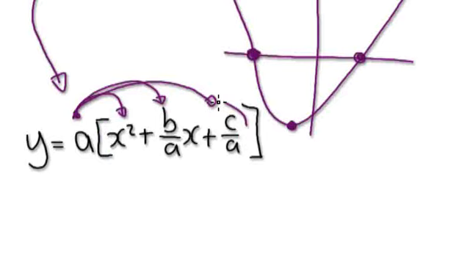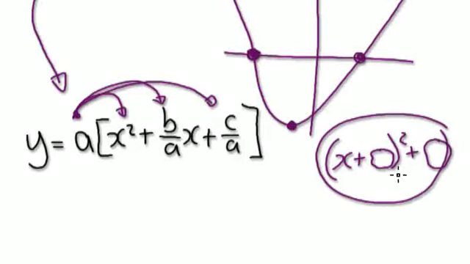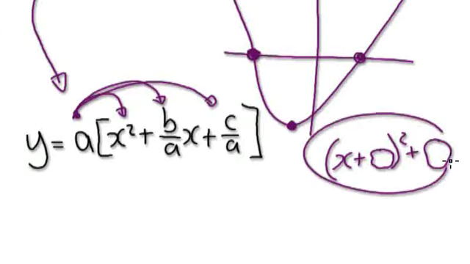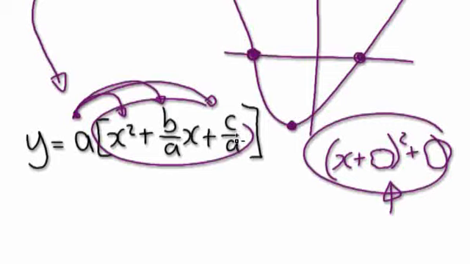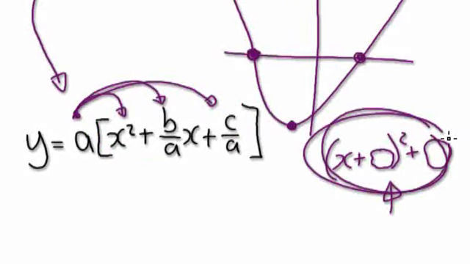Rewrite this as something like x plus blah blah blah, square it, and then plus this here. We want to rewrite this in this form, because this form is very useful. You can extract vital information from this form, whereas with this one you can't. So the next step is to rewrite this in this form.